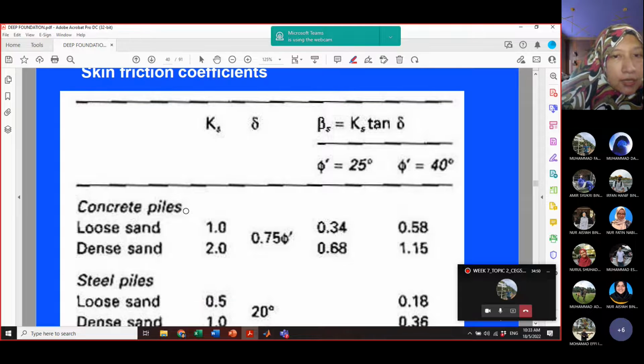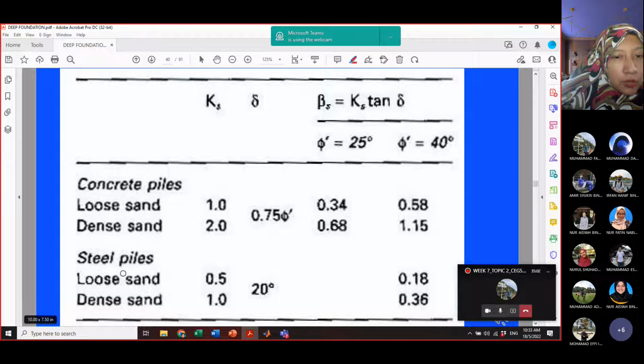Okay, the Ks, delta, and beta, etc. whatsoever is also dependent to the pile material. Kalau kata you ada concrete pile, you ada steel pile, so you have to be careful lah. You kena select the appropriate table. Contoh kalau soalan tu stated that the steel pile is driven into loose sand, so kita akan tengok the first row dekat steel pile lah. So jangan salah tengok untuk dapatkan nilai Ks, nilai delta dan juga nilai beta.